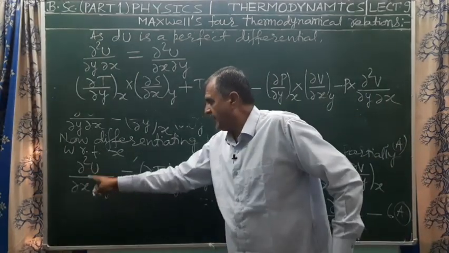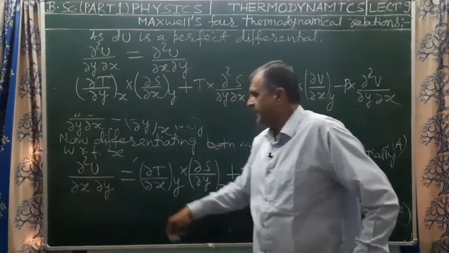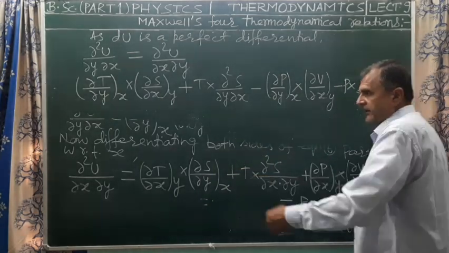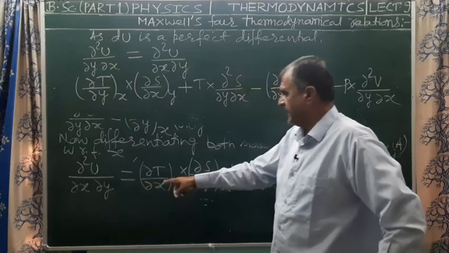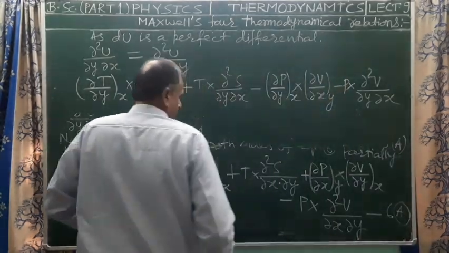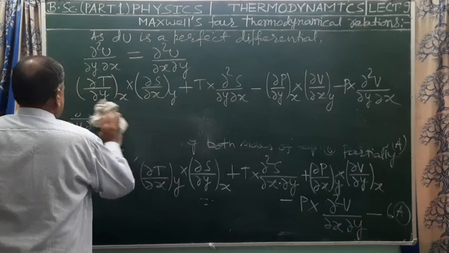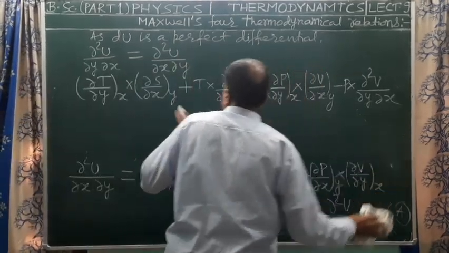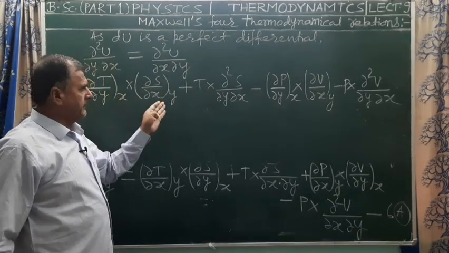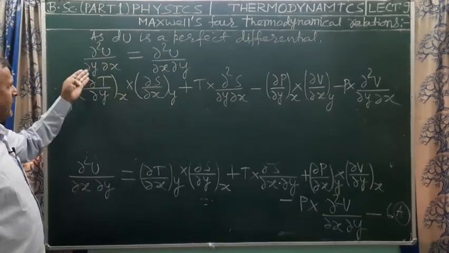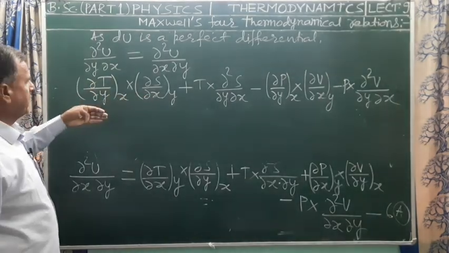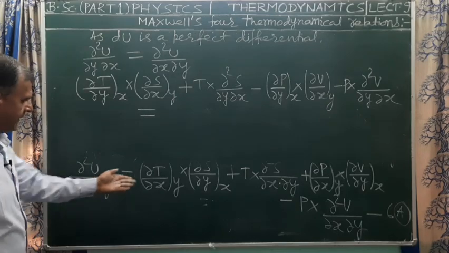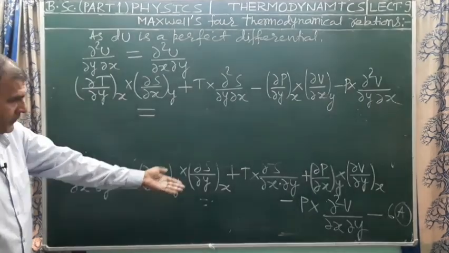The value of ∂²U/∂x∂y is present in the LHS of equation 6a, so we can write the RHS of equation 6a. This is the value of ∂²U/∂y∂x from equation 5a, and from equation 6a the value of ∂²U/∂x∂y is present here.